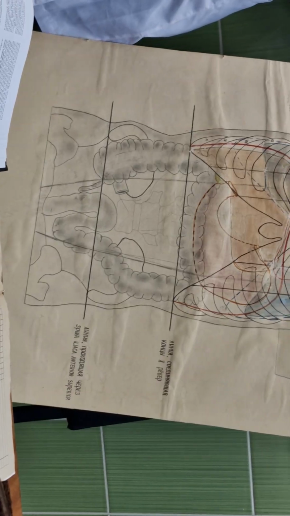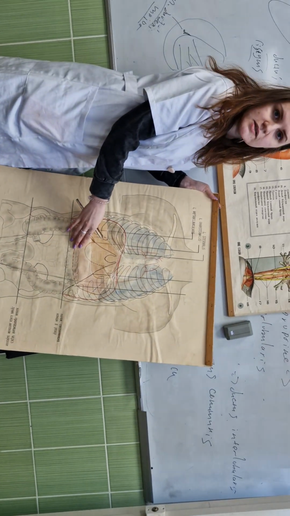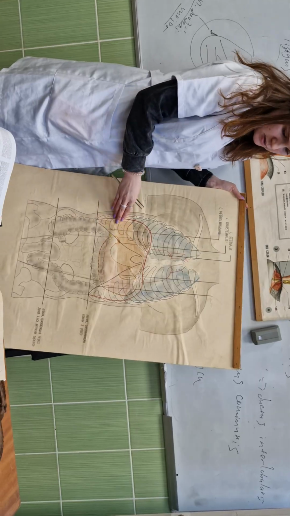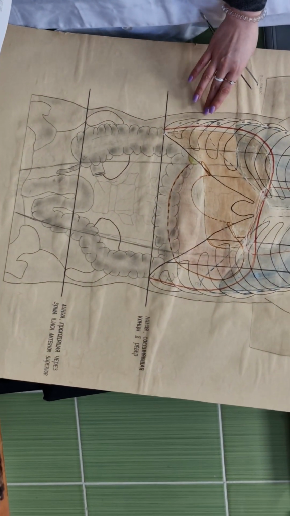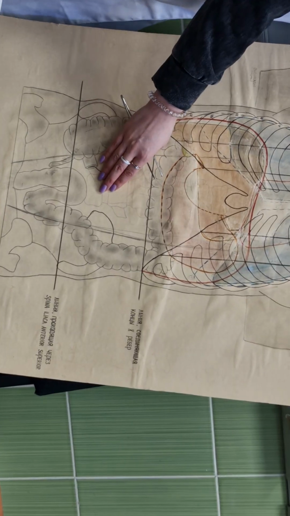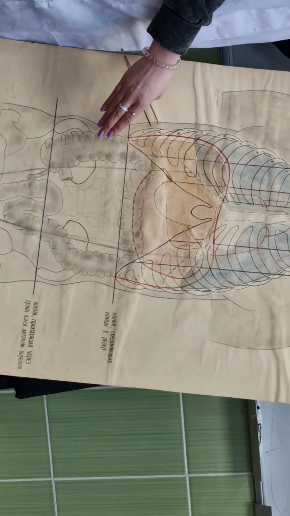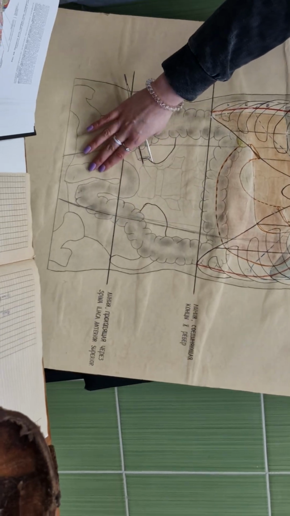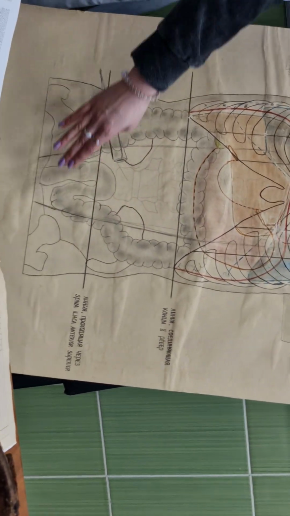And in these levels we have two more small areas. This is epigastrium propria, hypochondrica dextra, regio umbilicalis, regio lateralis dextra sinistra, regio pubica, regio inguinalis dextra sinistra.